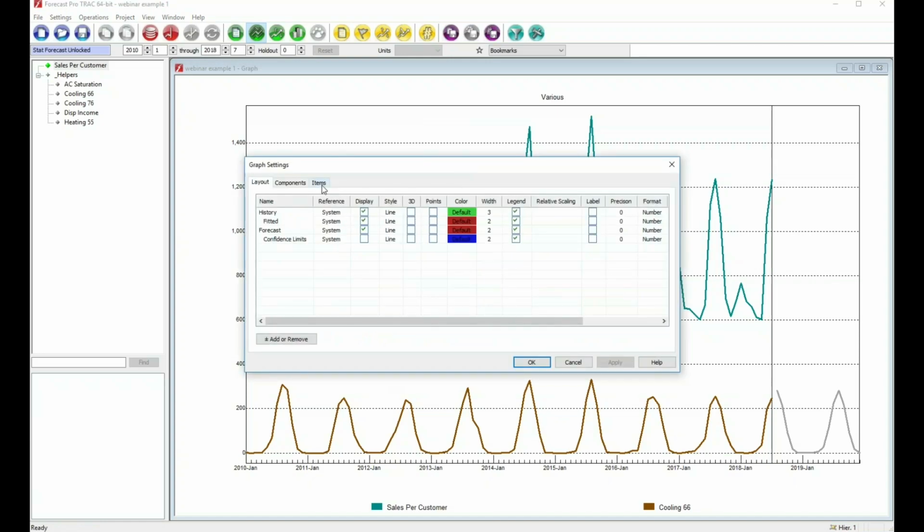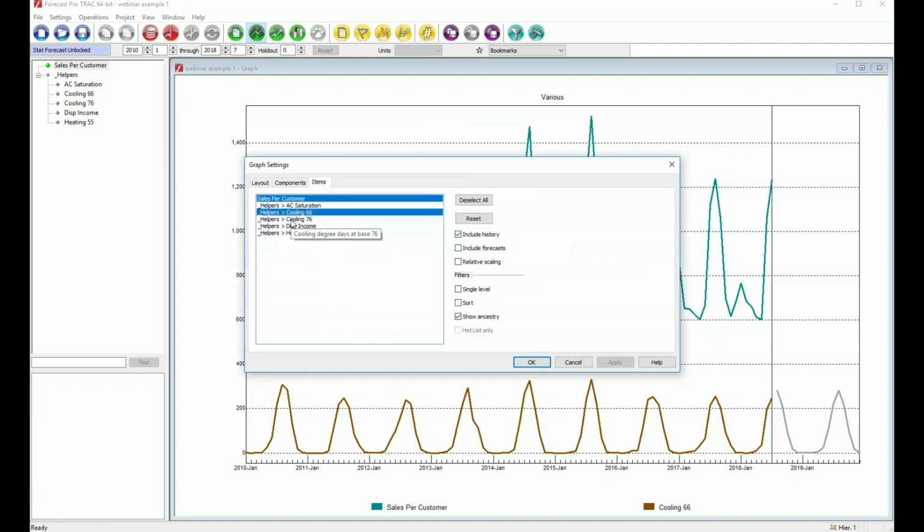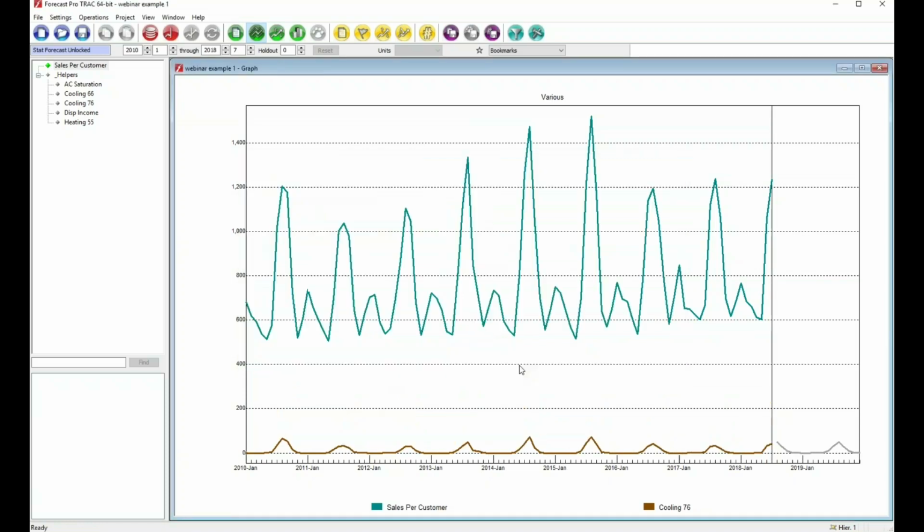And let's take a look at some of the other ones here. So we also have cooling 76, which is similar. The spikes in cooling 76 are a little bit smaller, but you can also see that there's a little bit more variability. So these really high peaks here do seem to be reflected by higher peaks relative to some of the other ones in the past for cooling 76.